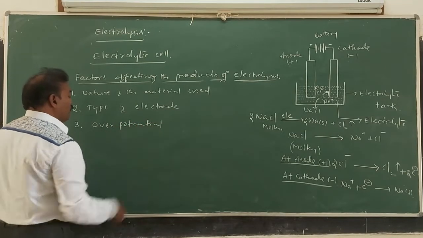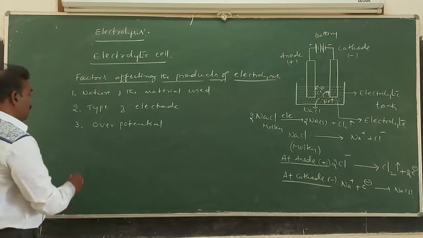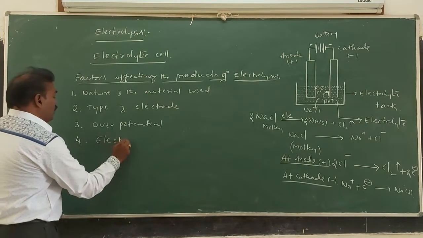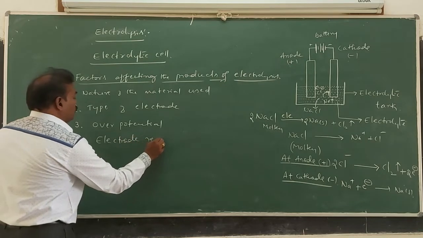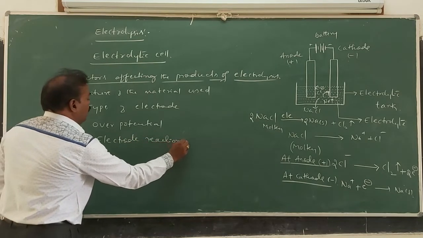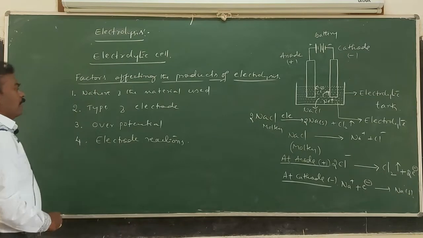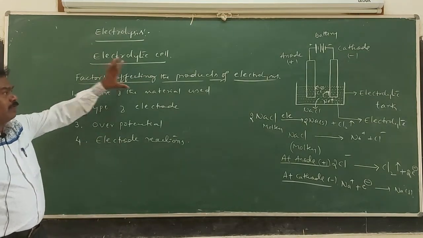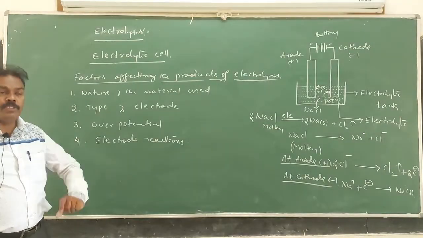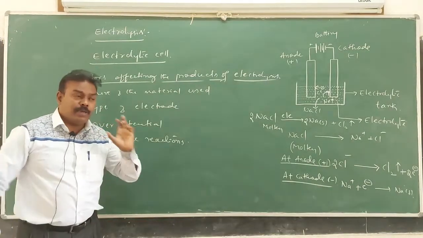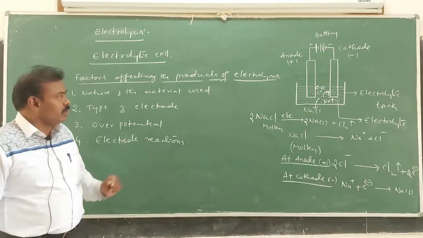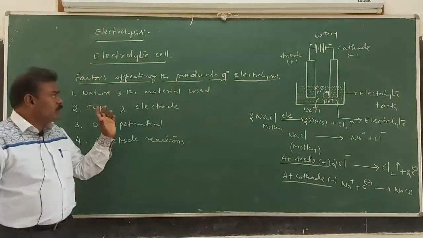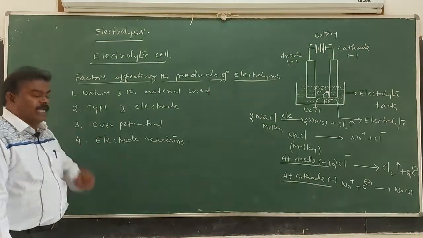Next, the fourth one is electrode reactions. These are the four factors which affect the products of electrolysis. Means during the formation of the product, when electricity is supplied, these factors will be important criteria.